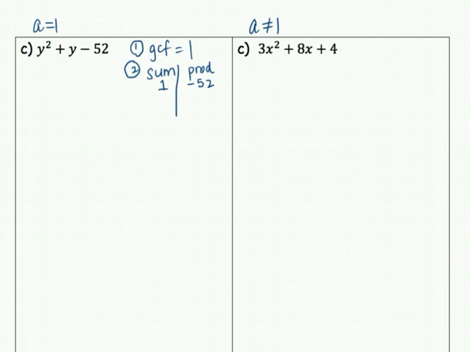Okay, so again, you don't always multiply up to 52. So if you can't think of the factors, that's okay. Start from scratch. Again, use the little trick that I've been showing you today. 1 times 52 will not add or subtract to 1. Okay, so then what I do is just go 52 divided by 2.